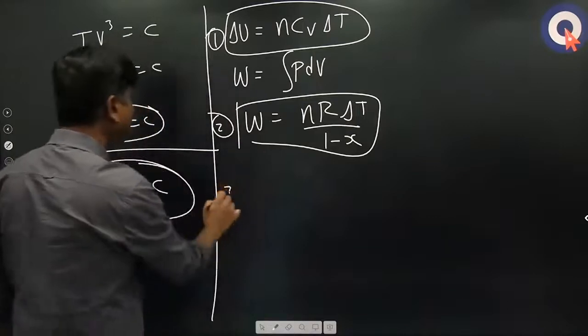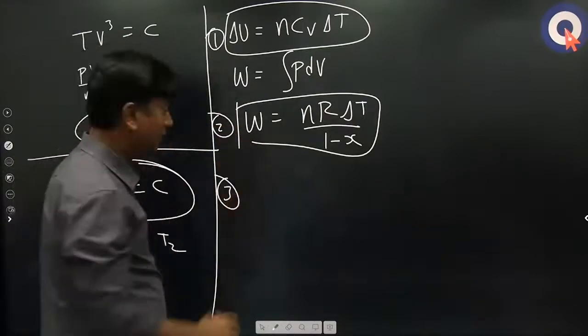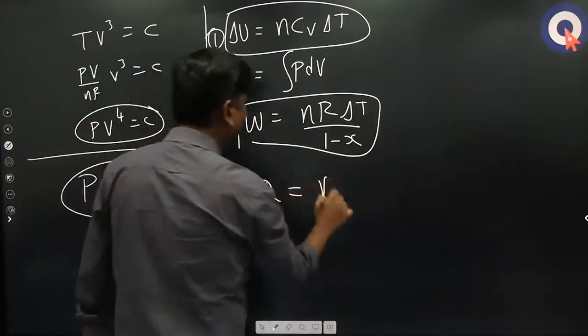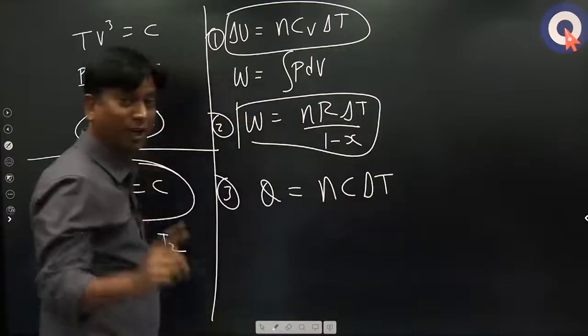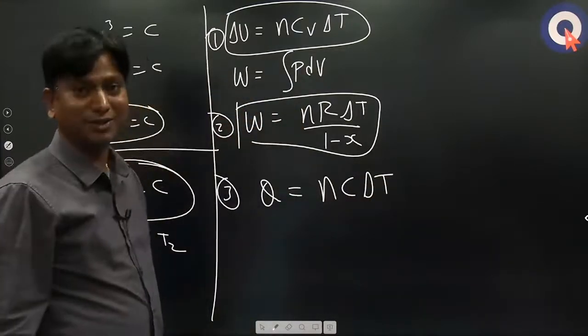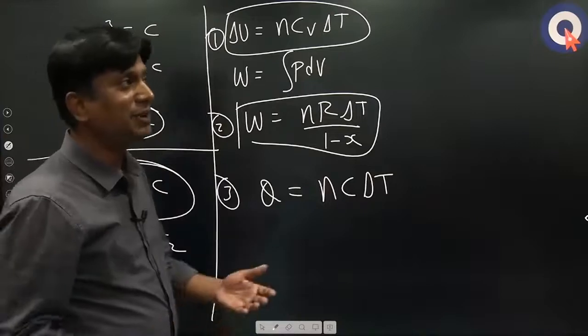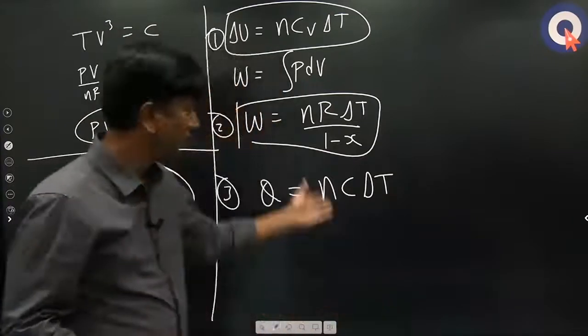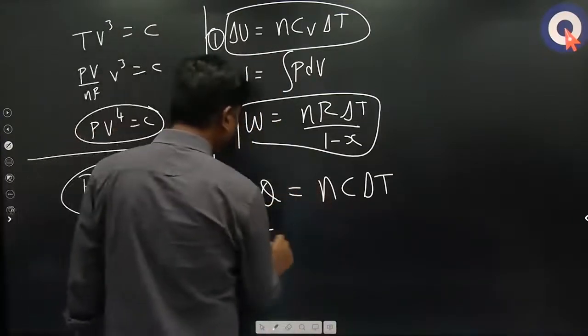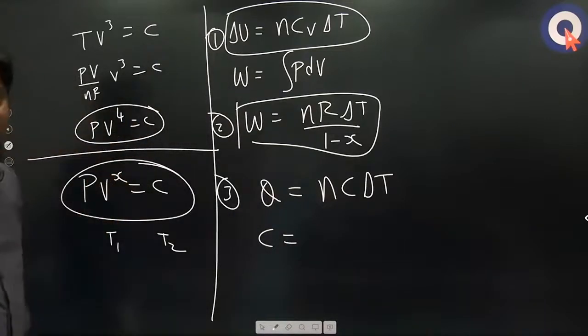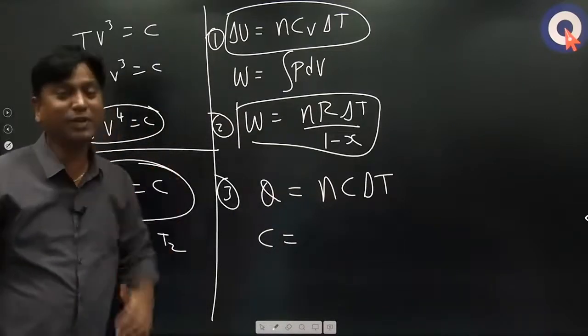And the third one, if you want to find Q, the heat, then you simply take nC delta T, where C is the molar specific heat in that particular process. In each and every process, the molar specific heat will be different. In this particular process, the molar specific heat depends on the value of x and also on which type of gas you are using.